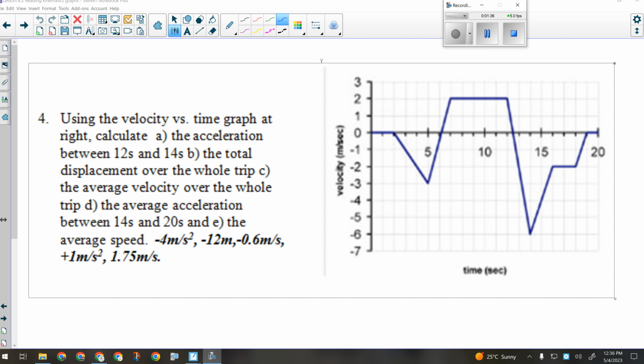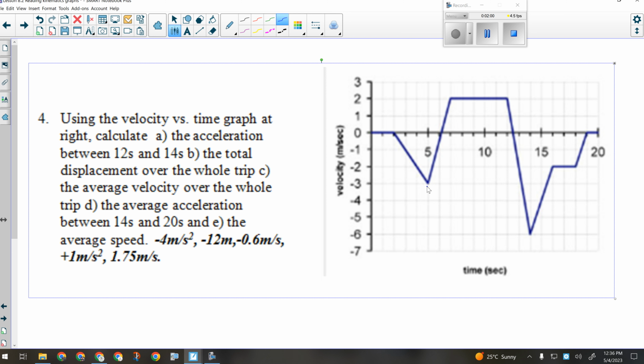Okay, what's it doing between 5 seconds and 7 seconds? It's accelerating which direction? Forwards. It's accelerating forwards during that part. Is it moving forwards the entire time? At time 5 seconds, its velocity is -3 meters per second.